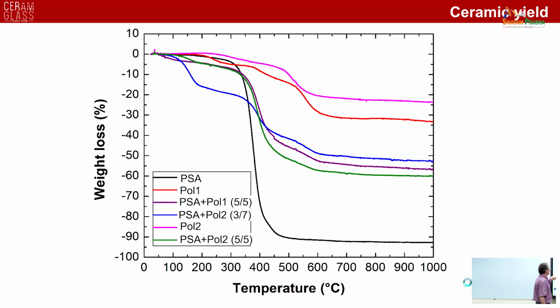Bear in mind that the actual ceramic yield for this blue line should be higher because these are solvent molecules that were not eliminated before carrying out this experiment, so the curve should be shifted upwards.